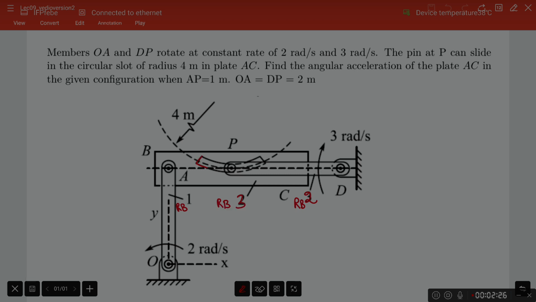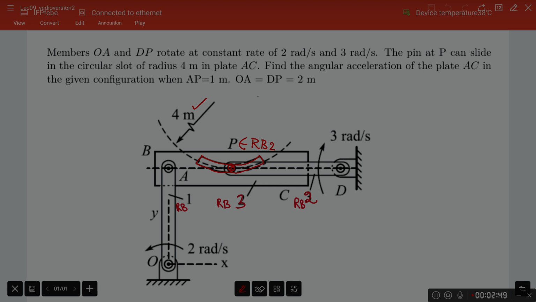on the plate AC. This is the circular slot. And this pin P, where P is a part of RB2, can slide on the circular slot of radius 4 meter.